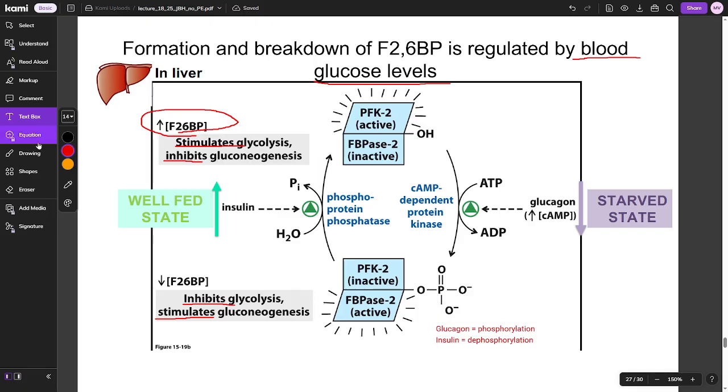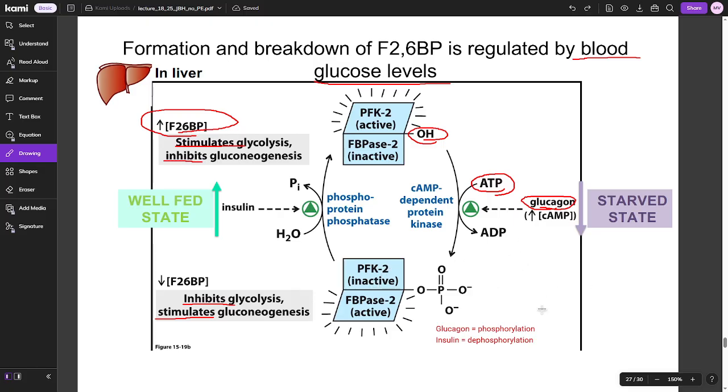So we're going to phosphorylate this enzyme at this position here. And since we want to make glucose, we want to turn off PFK2 and activate FBPase2. If we look at that, glucagon puts ATP on this, phosphorylates this, and the FBPase2 becomes active and the PFK2 becomes inactive.